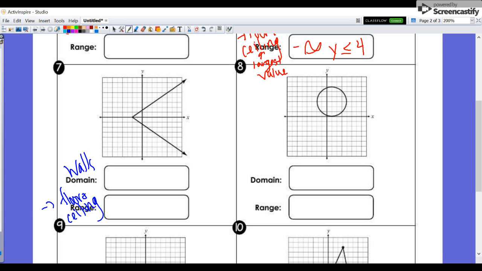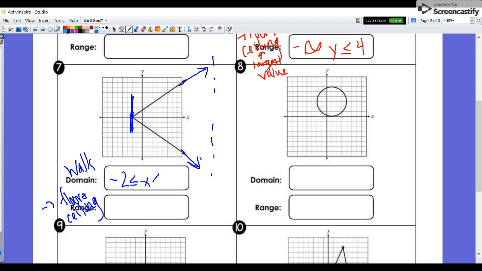There's nothing over here. So that's my starting point. That's my left wall of negative 2. If I go this way, kind of like what we saw in number 4, these are going forever. And they're going to break through any wall that they come in contact with. That's my infinity.